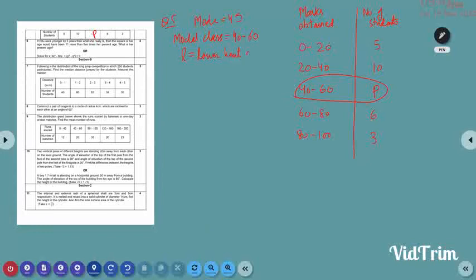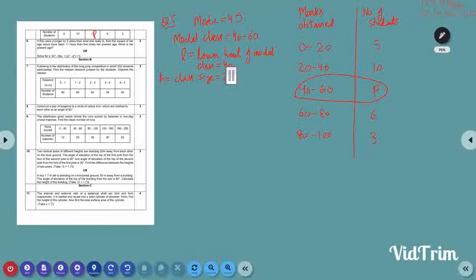And F2 is the frequency of the class succeeding the modal class. That means the next class after the modal class, its frequency we call F2. So here F2 will be 6.